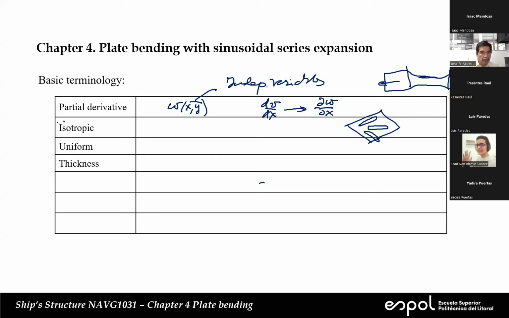That's why this word means iso: it's the same behavior in any direction. That's the meaning of the word isotropic. Uniform means that in any point, in any position, here, here, here, or in here, for example, we're going to say that E has a constant value.